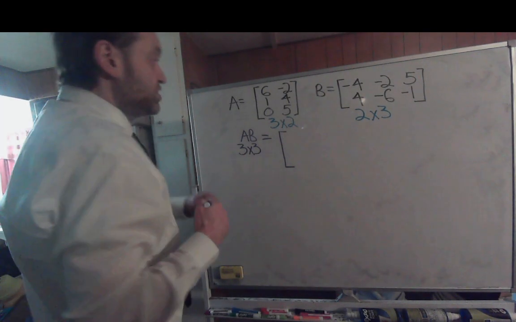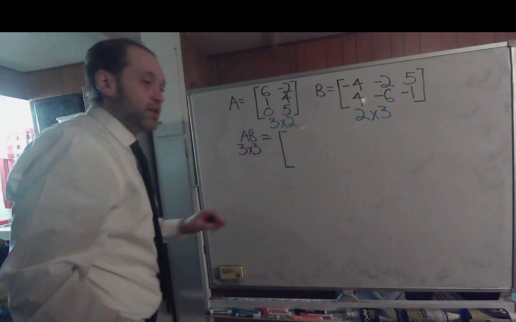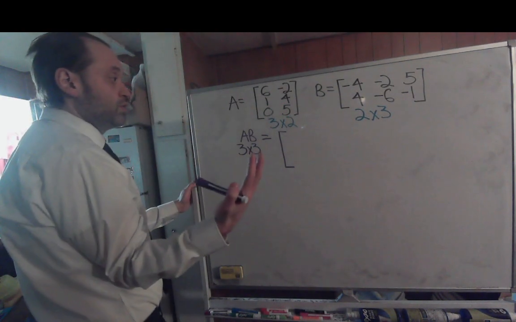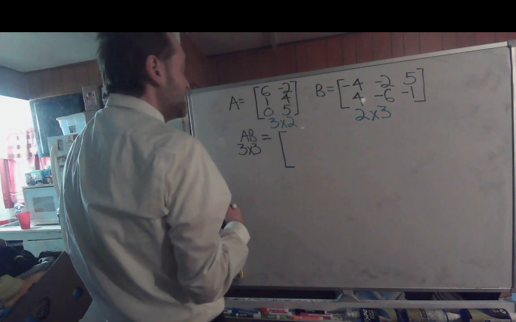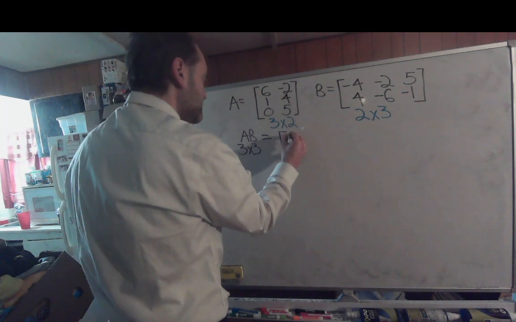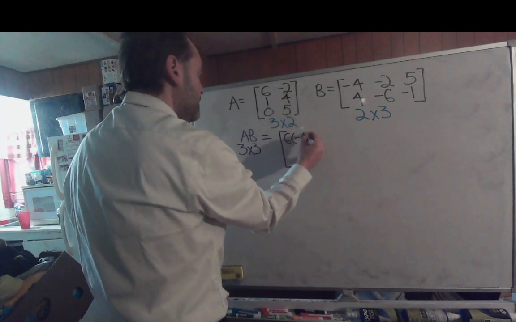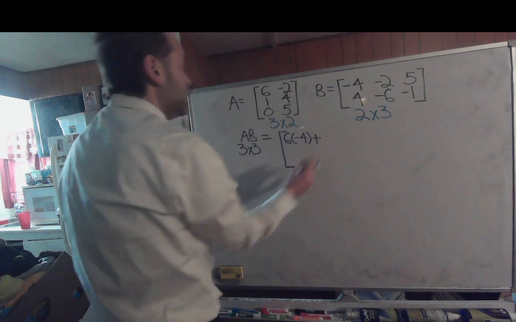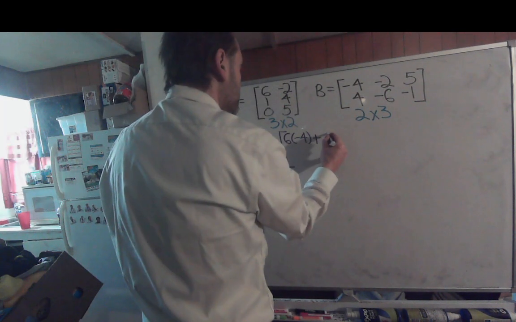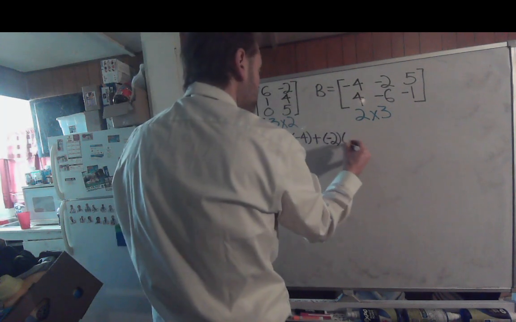So what you have to do now, you're going to start with the first row. You're going to get the 3 numbers in the first row. You're going to stick with your first row through and through. So what you're going to do first, take the first number in the first row, which is 6, times the first number in the first column, which is negative 4, plus you'll take the second number in the first row, which would be negative 2, times the second number in the first column of 4.